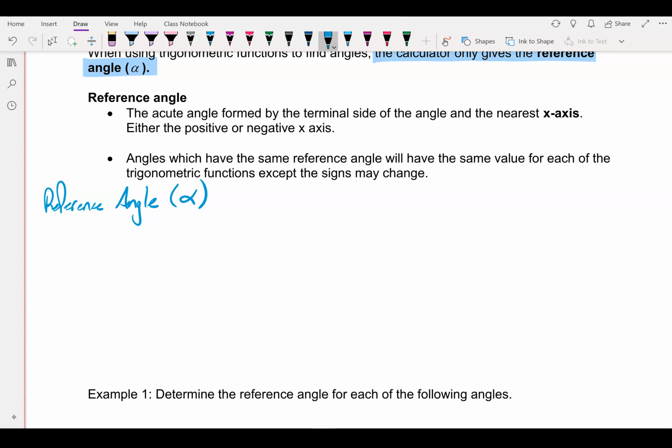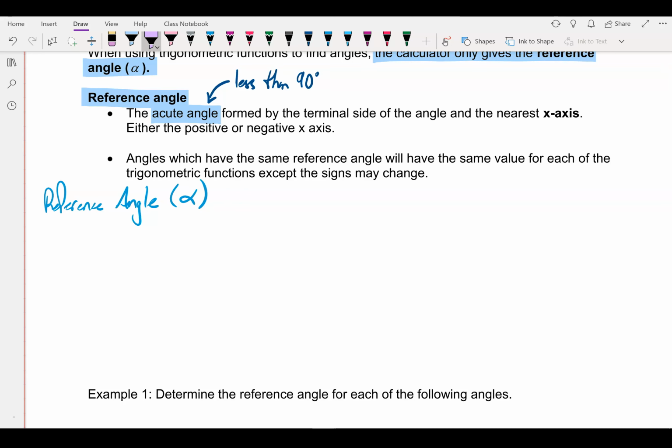Okay, I'm going to give you the formulas here, but let me just read the text above. Reference angle. The acute angle, which means it's less than 90 degrees. It's always going to be this tiny little angle formed by the terminal side of the angle and the nearest x-axis. It's always referenced to the nearest x-axis.